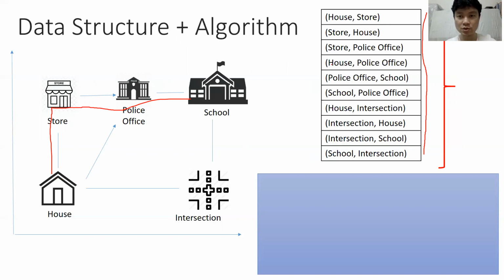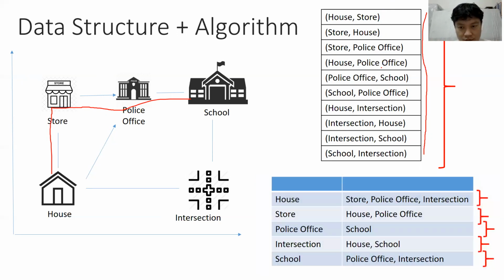So you have the house, post office, and then post office to school. It's also the same. You need to search from the beginning of the data until the end. So the computational time will depend on the number of data that you have. If the data is large, of course, you need to go through all this data every time you have a route.